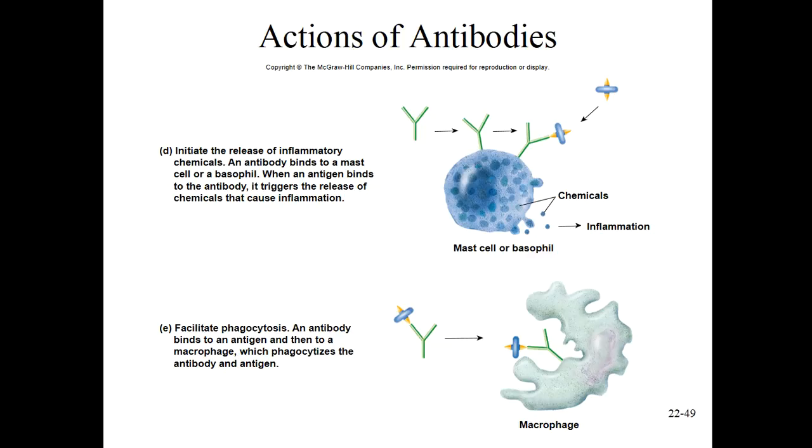Here we can see how the antibodies could trigger inflammation. If the antibody is on the surface of the cell, sticking to this activated mast cell, then once the antigen binds to it, it triggers chemicals within the cell to begin to exocytose and trigger inflammation.